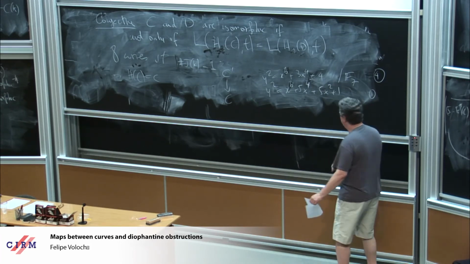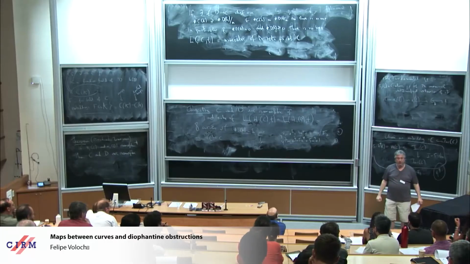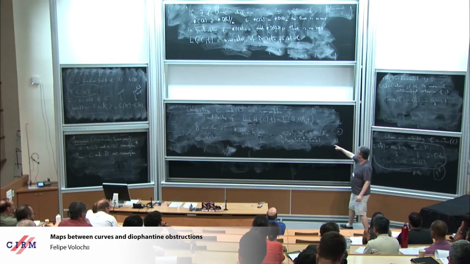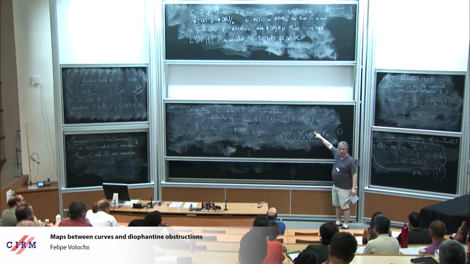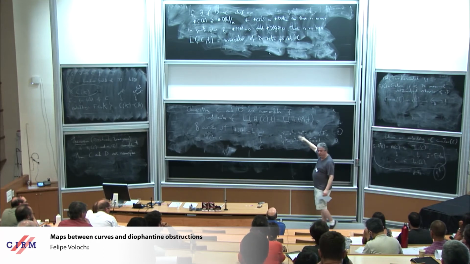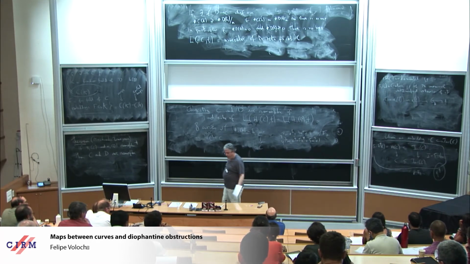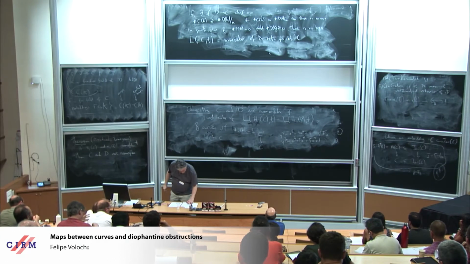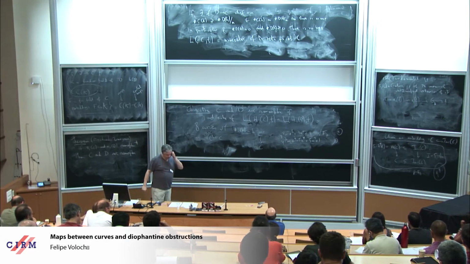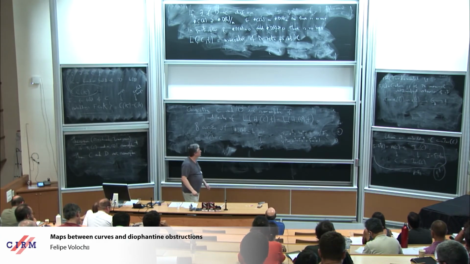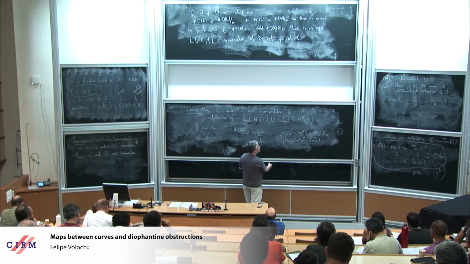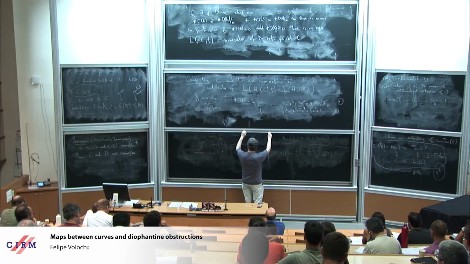But the third one has trace of Frobenius equal to 0. So this curve cannot be isomorphic to that one, not even up to twist. Okay, so that is for isomorphism.